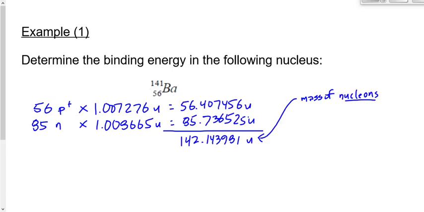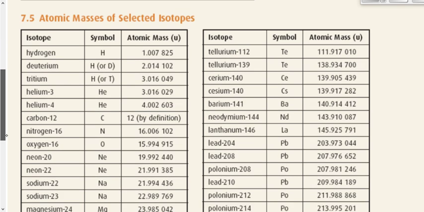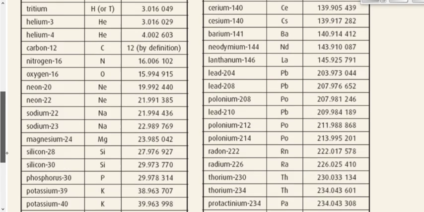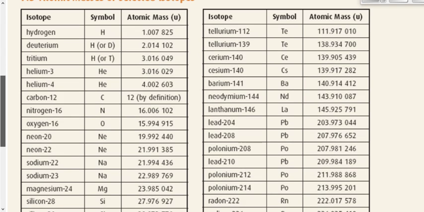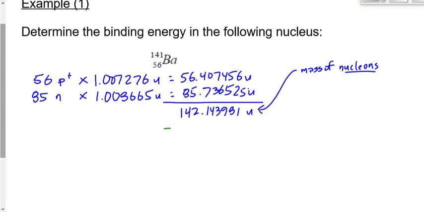We're going to subtract from that the mass of the nucleus, which, if you look back at that page, the mass of barium-141, 140.914412 atomic mass units. So we subtract the mass of the nucleus.